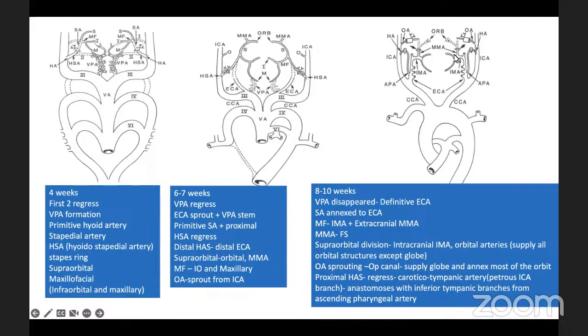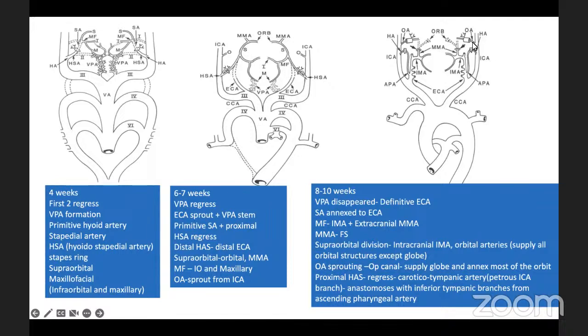So basically, maxillofacial becomes the internal maxillary and the MMA arises from it up to the foramen spinosum. Inside the foramen, the same segment which was previously present becomes the intracranial segment of the MMA. And this orbital branch remains.